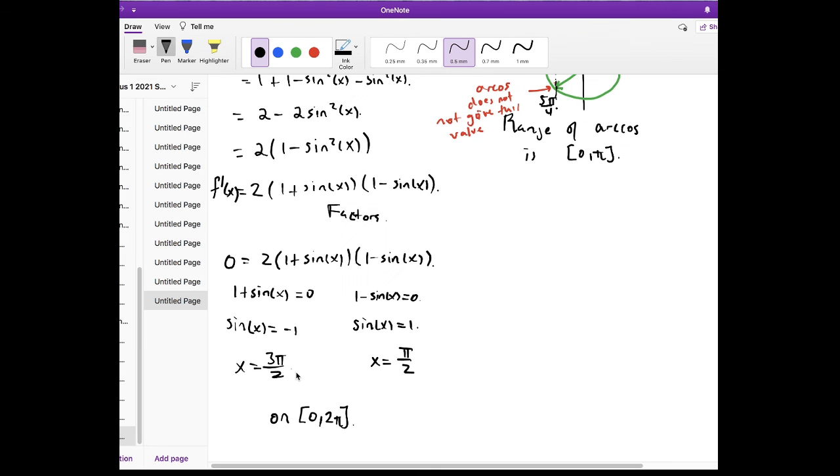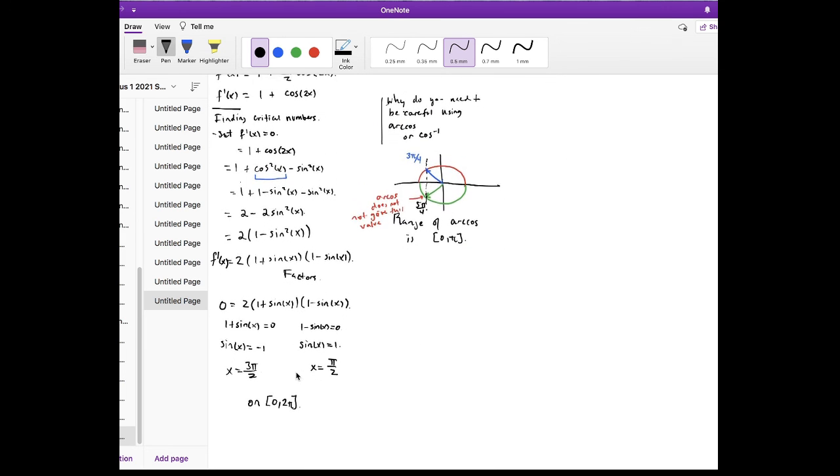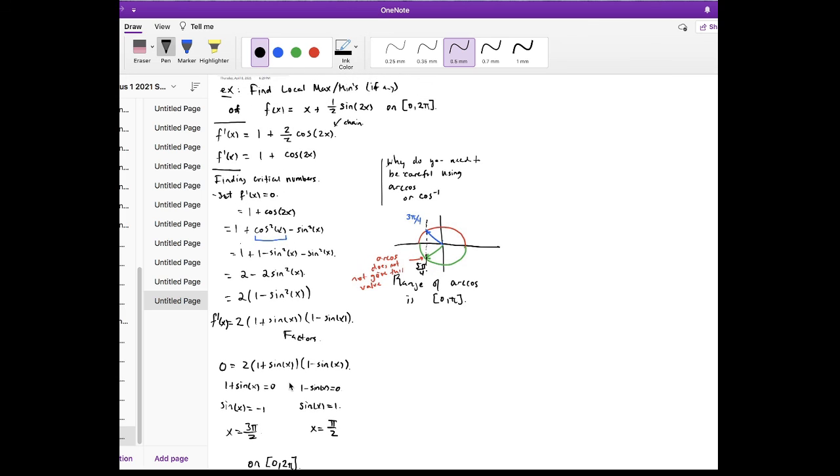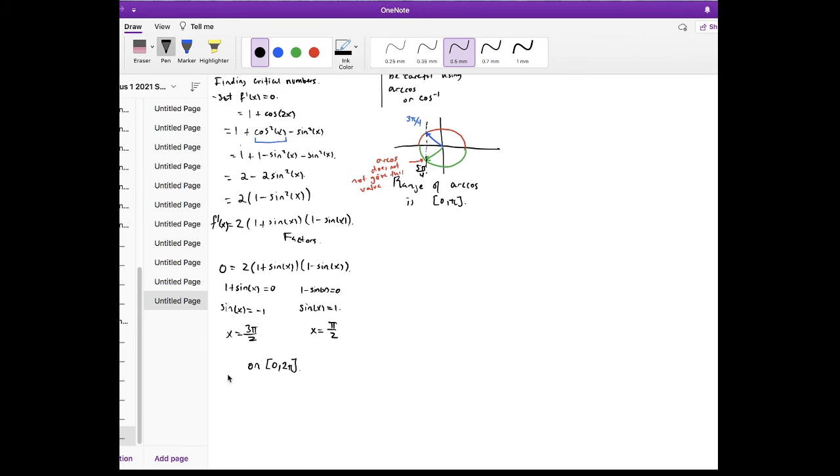Okay, so we're trying to find local maxes and mins. So what do you think we should do next? So those are critical numbers, right? These are critical numbers.